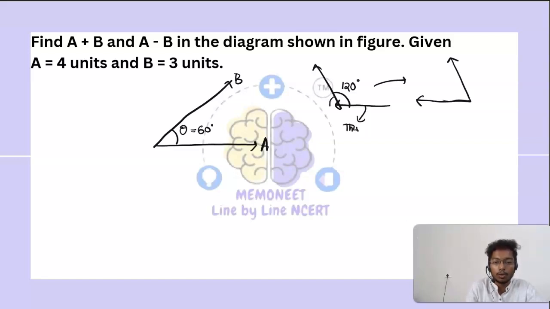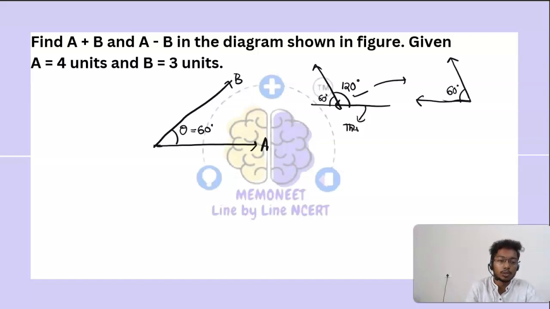Okay, so here it is 60 degree, as the linear angle is 180 degree, and it is 120 degree, and the remaining will be 60 degree. So the angle between these two vectors is 60 degree as it is joined tail to tail. So in the question, the angle between the vectors, joined tail to tail, is 60 degree.